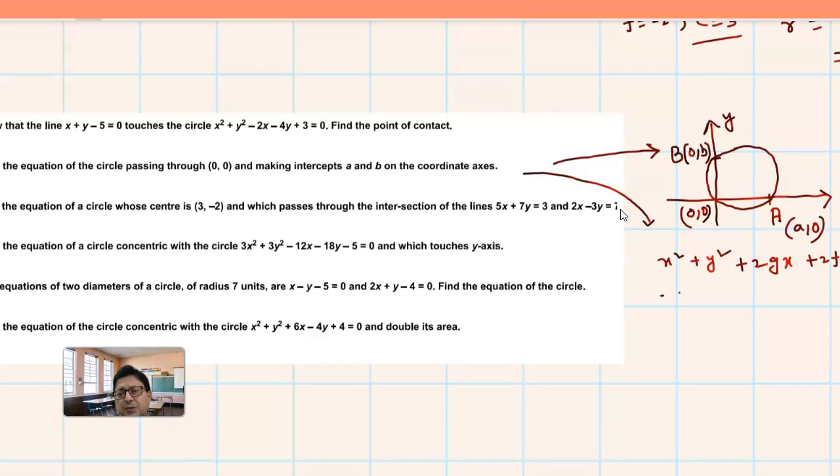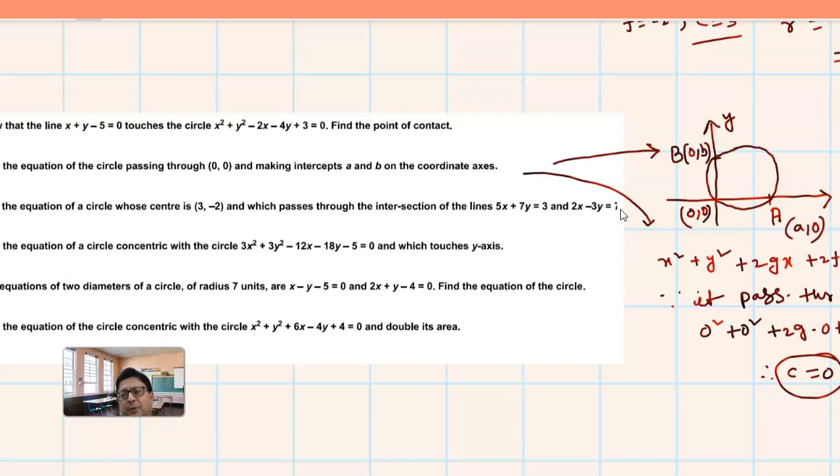Since it passes through which point? Let us start with this. Since it passes through (0, 0), you get 0 square plus 0 square plus 2g into 0 plus 2f into 0 plus c equal to 0. Therefore c is equal to 0.